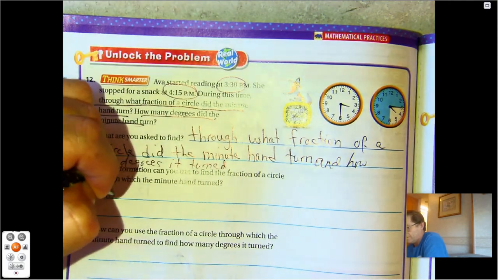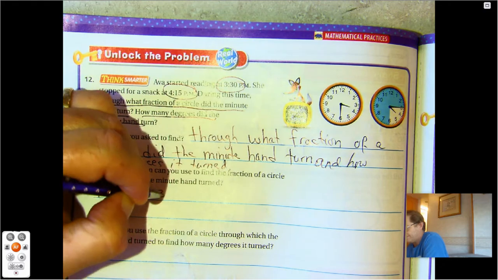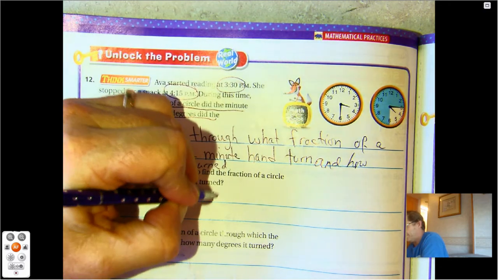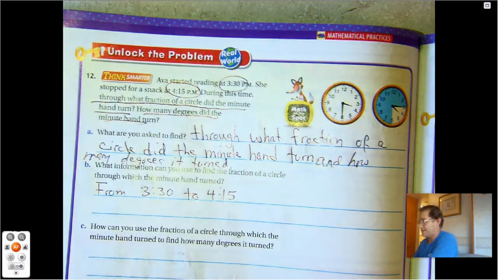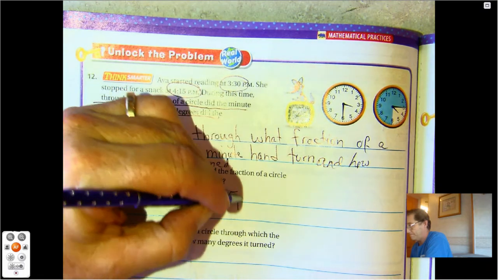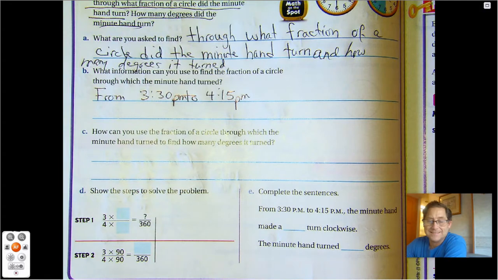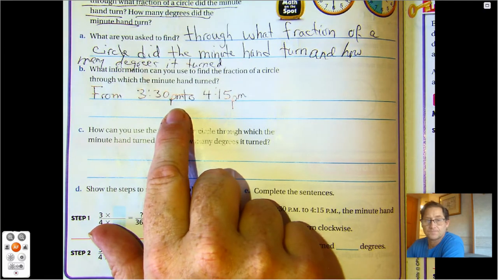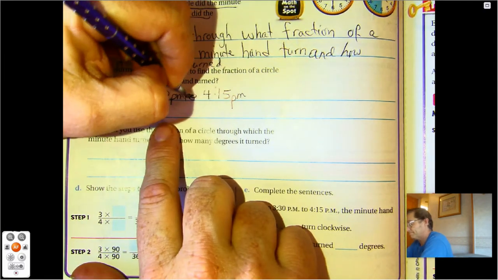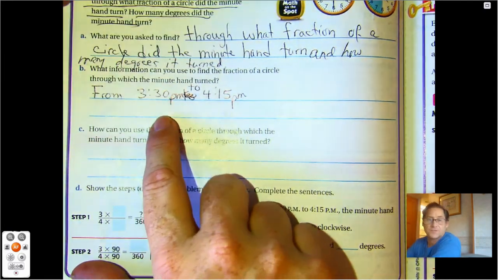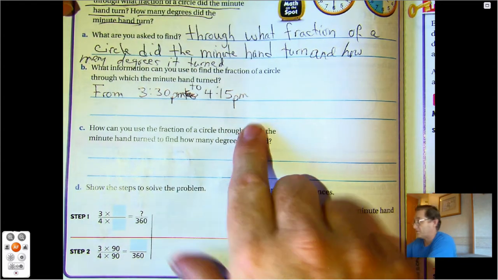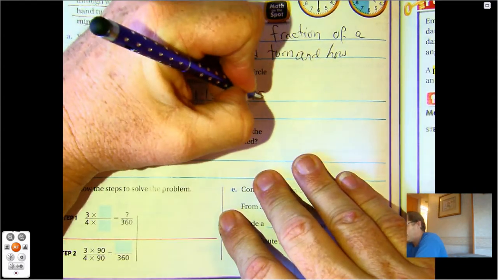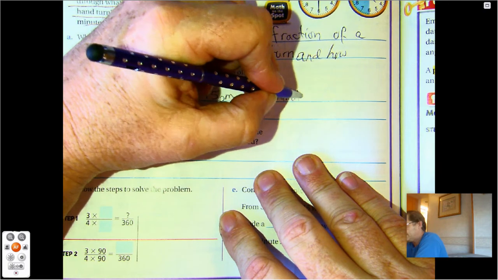Well, I need to know that it moved from 3:30 to 4:15 p.m. Okay, so how many minutes is that? 3:30 to 4 is 30 minutes, plus 15 more is 45 minutes elapsed.